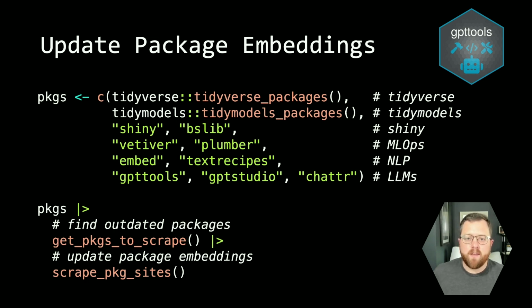And this is likely to be a somewhat expensive operation. I would estimate on the order of maybe $1 or a few dollars if you're using the OpenAI text embedding endpoint for this. With these updated packages, you'll now get your responses coming from the querying ChatGPT that provides the context for the latest and greatest from your favorite packages.